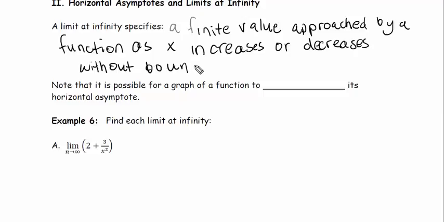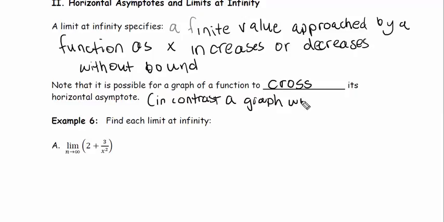So note that it is possible for a graph of a function to cross its horizontal asymptote. The reason why this is important is because, in contrast, a graph will never cross its vertical asymptote.